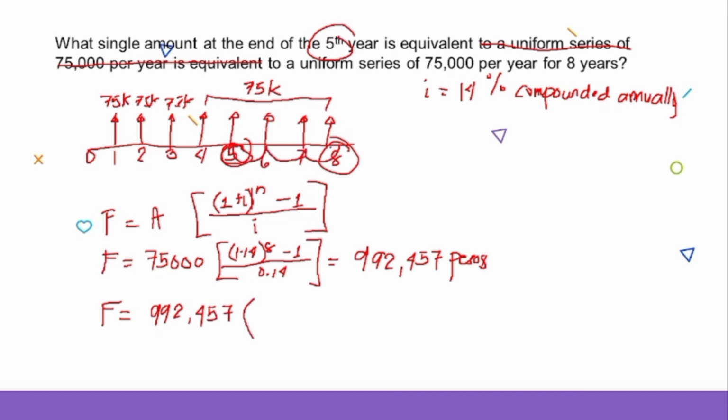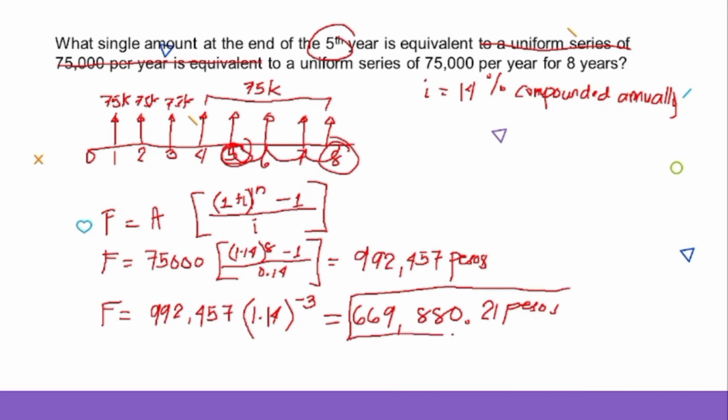But since we are jumping backward, that would be 1.14 raised to negative 3. Since we are jumping backward, that is negative 3. So that would be 669,880.21 pesos. So this is the lump sum, or the total amount that we will be paying on the 5th year.